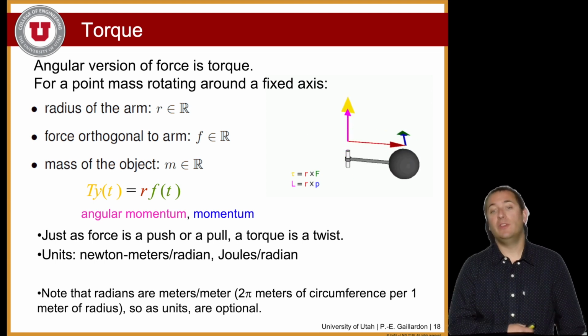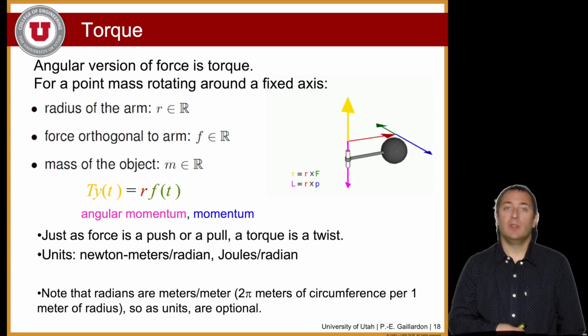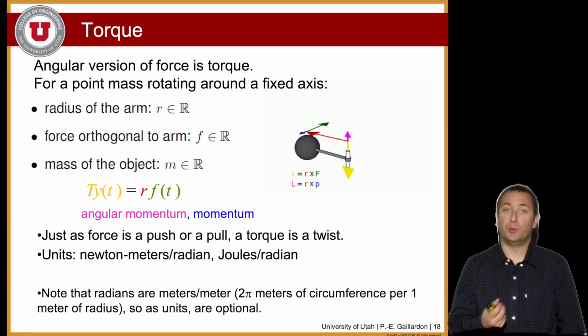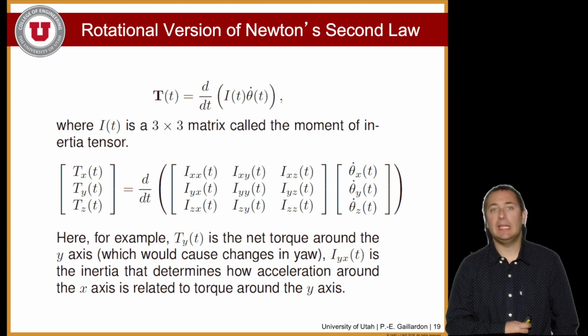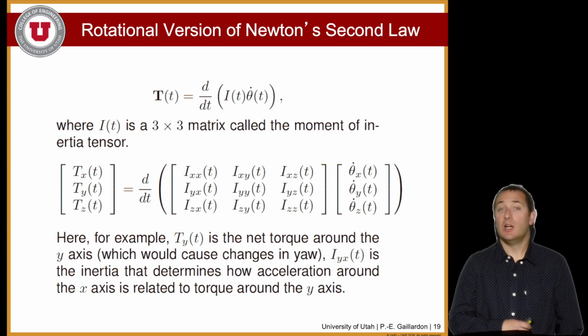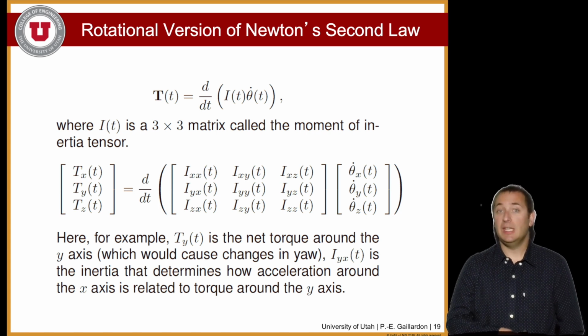The torque is the angular version of a force that applies when an object of a given mass is rotating around a fixed axis. The torque and the angular position of a given object are linked through the rotational version of Newton's second law, which says that the torque is the moment of inertia times the angular acceleration.